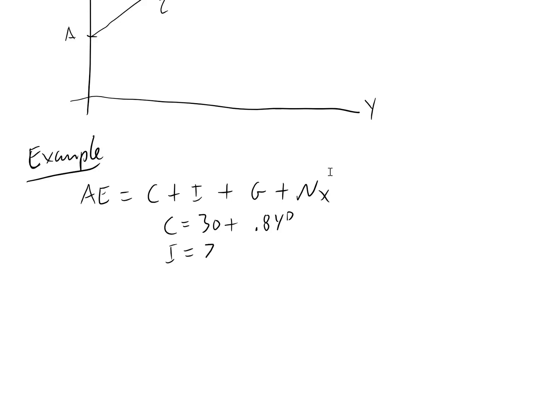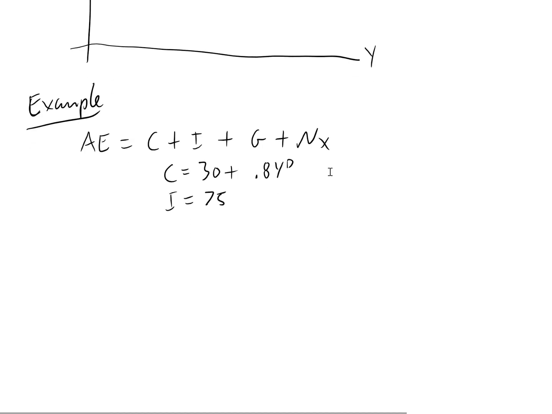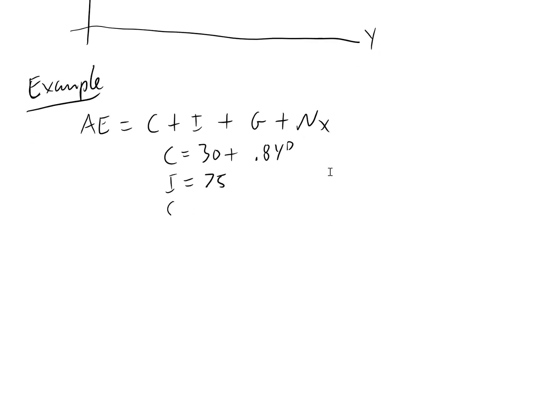Investment, which is a constant, is 75 billion, million, whatever you want. Scroll down a bit. I'm going to assume that government purchases are 51. And then our net export function is 72 minus 0.1 times Y. So this is that exports.